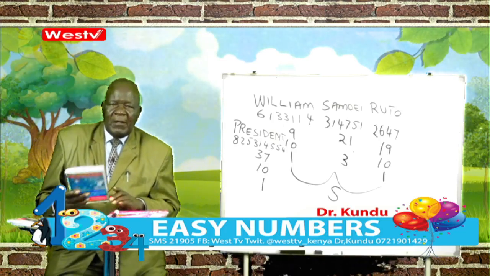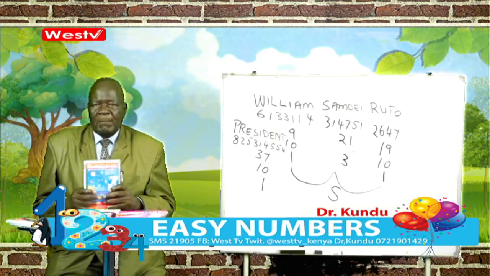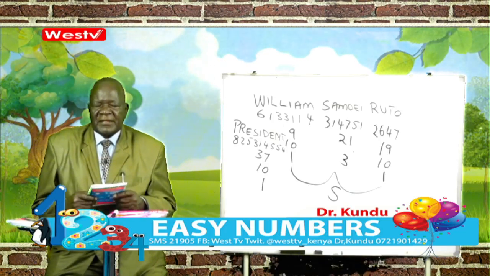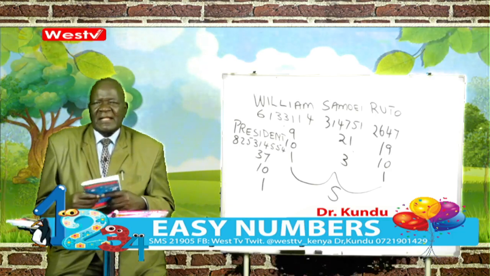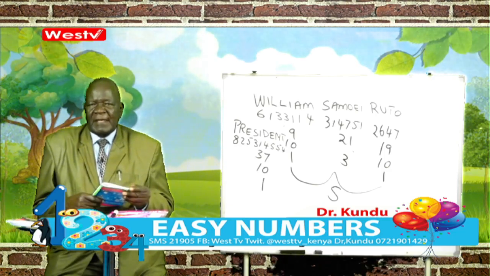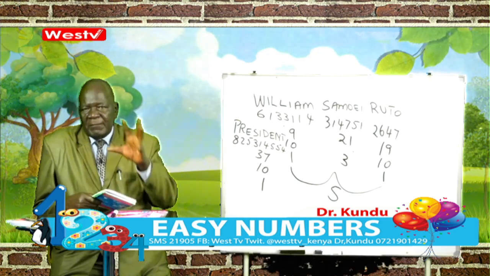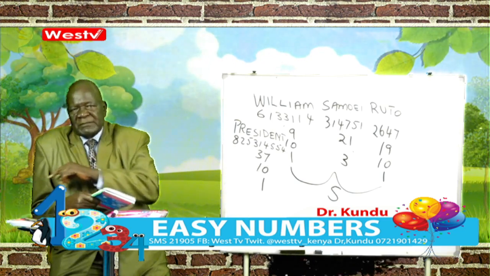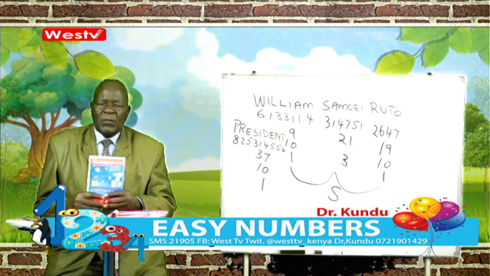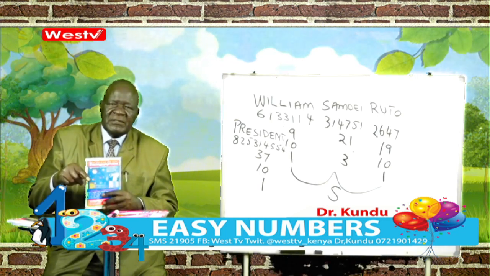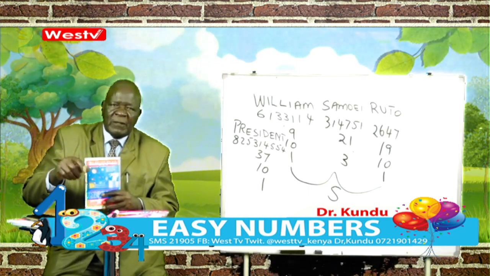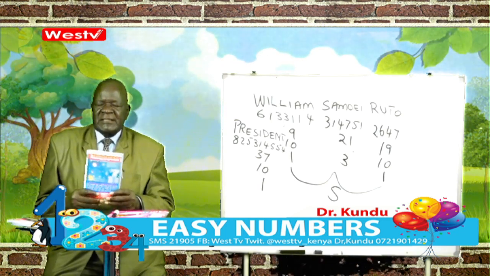So, my viewers, this is mathematics for the universe, and it's mathematics for everybody, child, middle age, old. You need to know where to step so that you do not drop into a hole, so that you succeed.